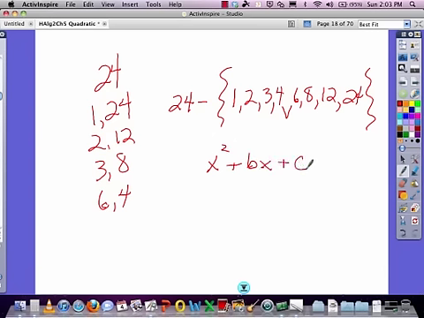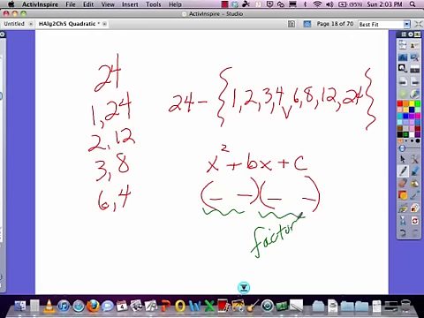On a simple trinomial, we're looking for these two things that multiply out, and they would probably be binomials in most cases, that would multiply out to give you your trinomial. These combinations would be the factors of your trinomial.